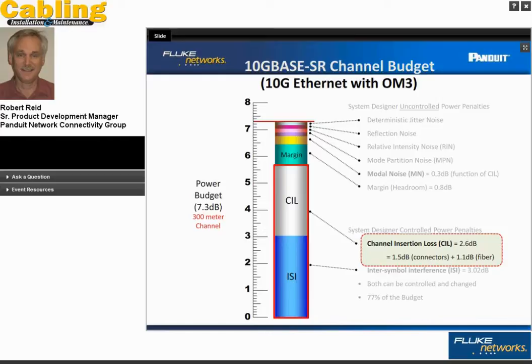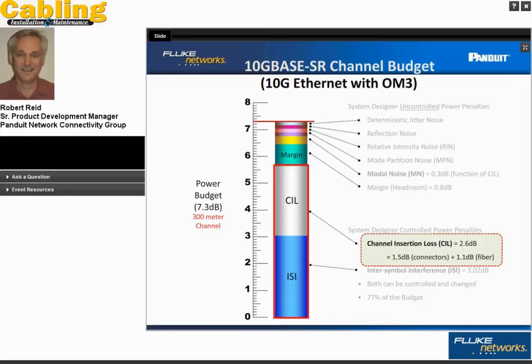Directly out of the IEEE standard, the focus of the discussion will be on multi-mode fiber, of course. Here we have a 10 gig channel with OM3 fiber. We've got some things grayed out here that you really can't see in the graphic, but you can see that the total power budget for an OM3 channel, 300 meter channel, is 7.3 dB.